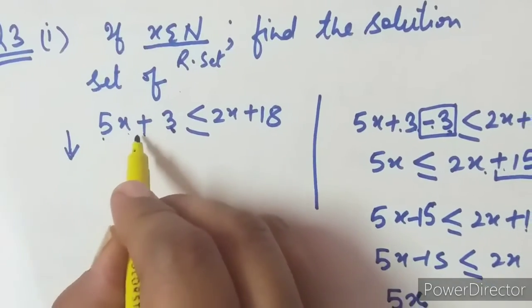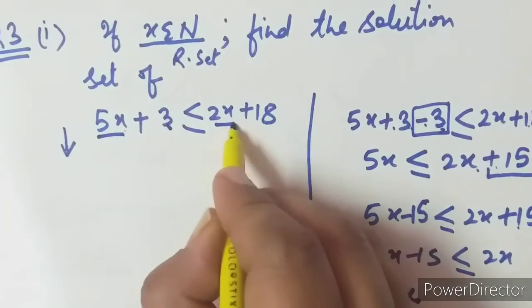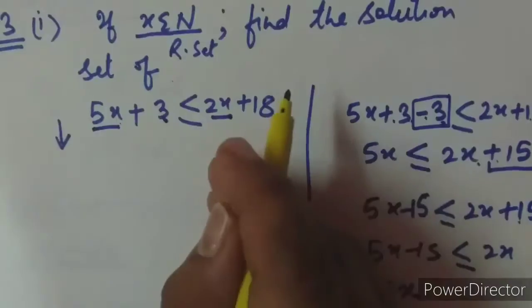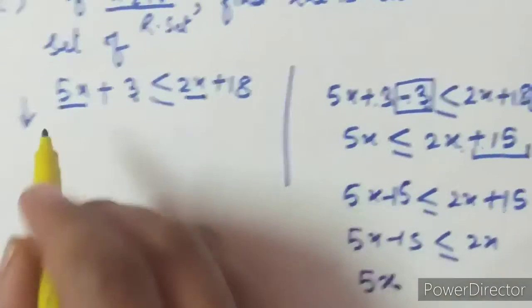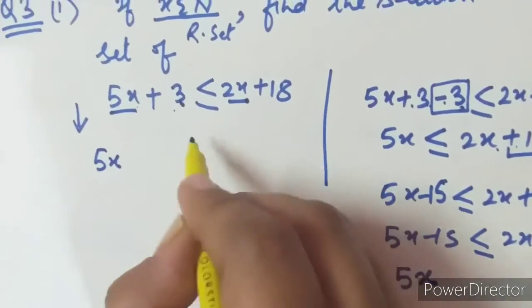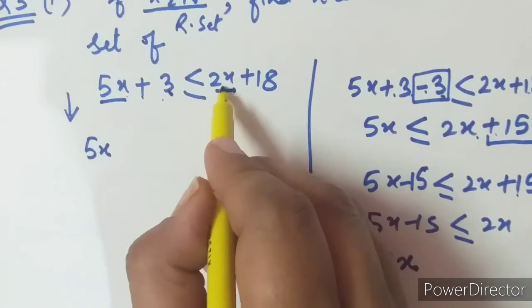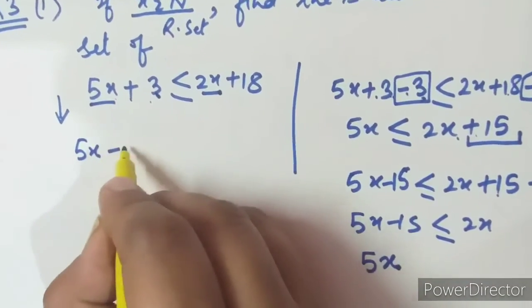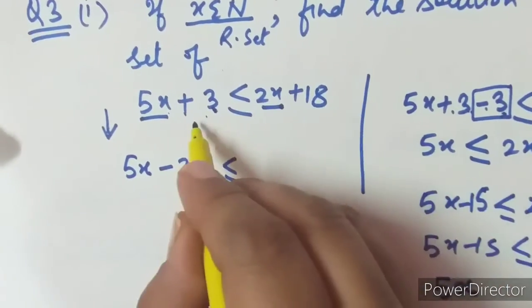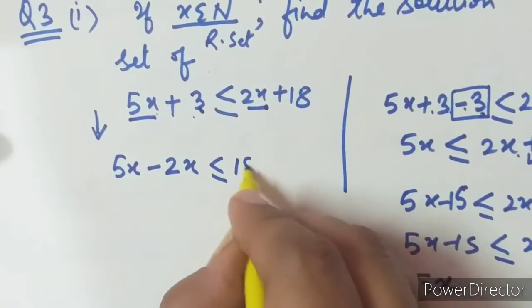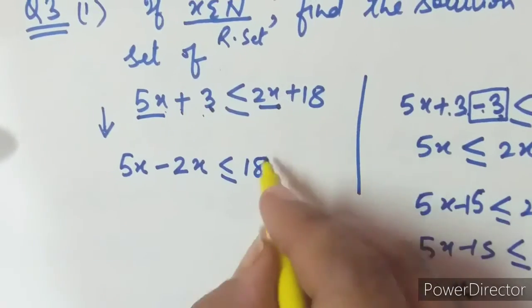We have the terms with variable, 5x and 2x. We will take the terms with variable to one side and the constant terms to the other side. If I take this 2x to this side, it will go with minus 2x, 5x − 2x ≤ 18 − 3, since plus 3 is the constant term, it will go to the constant side as minus 3.